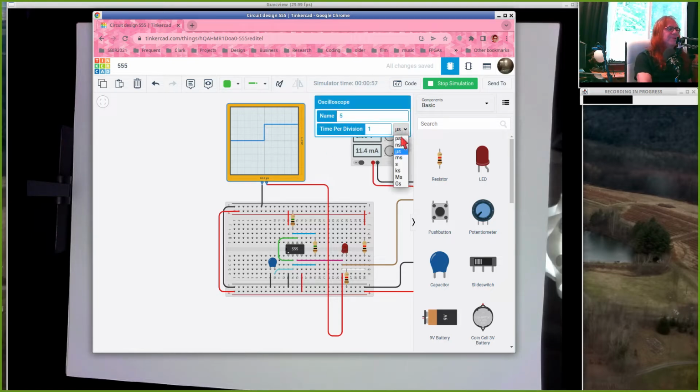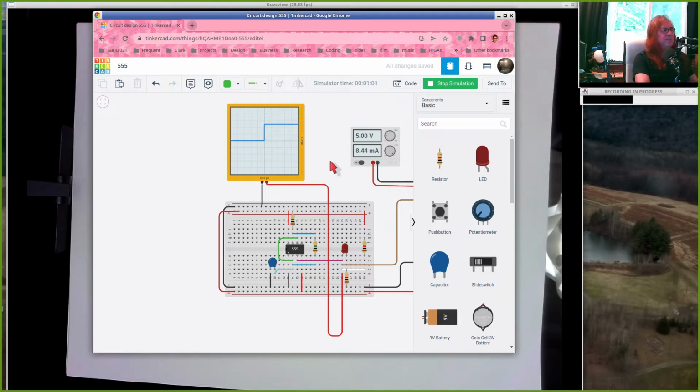So if I make this time per division bigger, like if I make this a second, and you have to kind of wait for this to do its thing. Now I start to see something like a waveform. And there's something weird going on over here. This should be a periodic waveform. It should always do the same thing, however high and low it is.